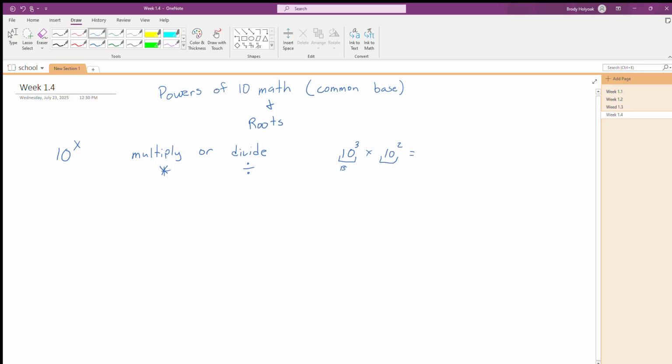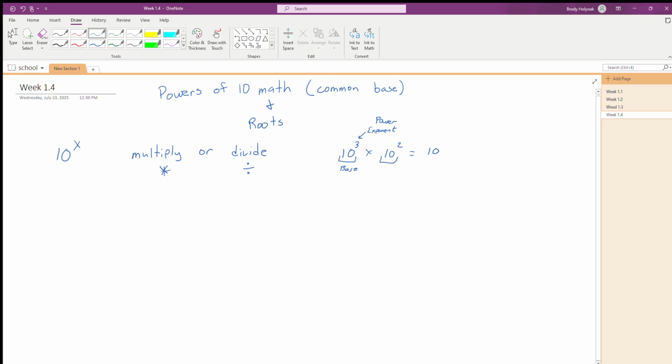So this is our base, this is our exponent, or our power. When we're multiplying or dividing, we take whatever base we started with and carry it across. Because we're dealing with base 10, our answer is going to be in base 10.